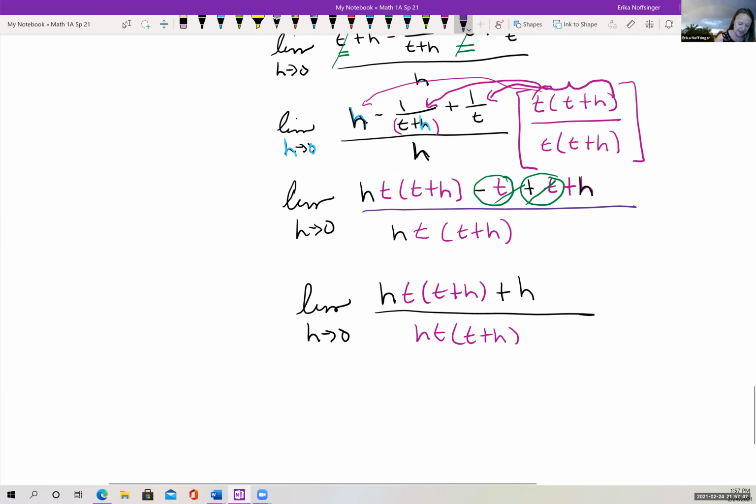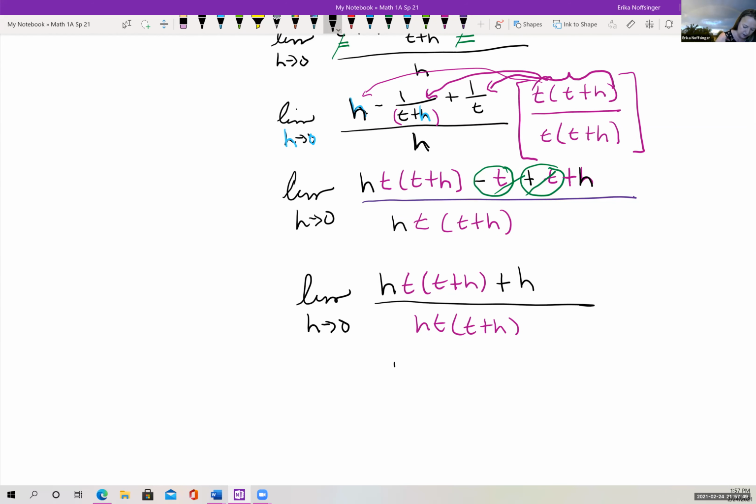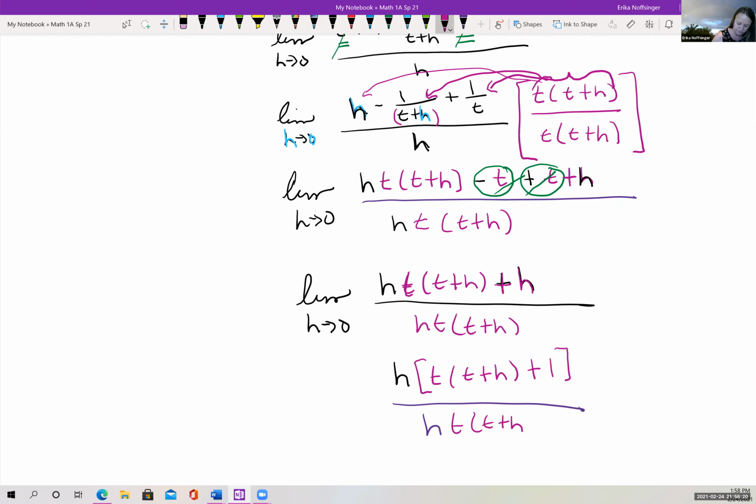If we pull out the h in the numerator, I would be left with t times the quantity t plus h, plus, well, if I pulled out the h here, I'm only left with a 1. And then all over this h, this t, times t plus h. I need to bring down my limit.